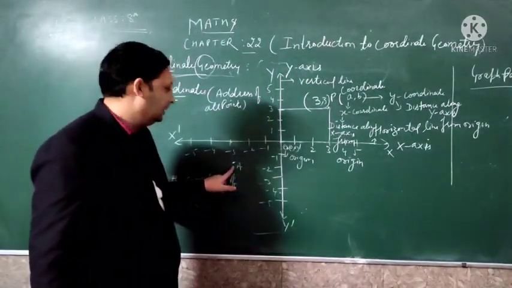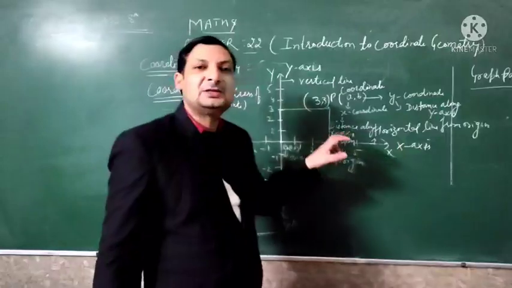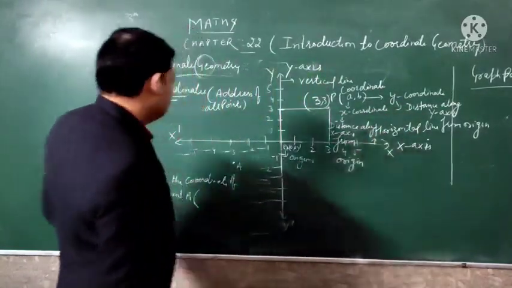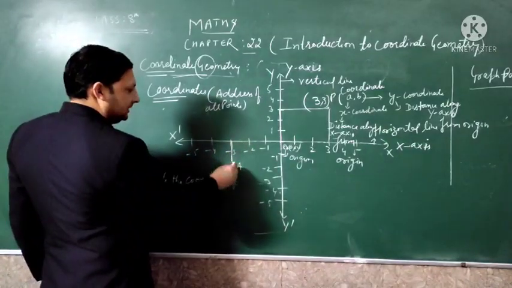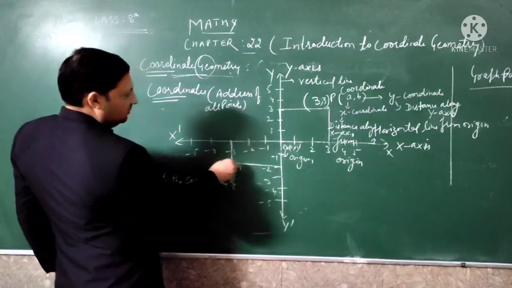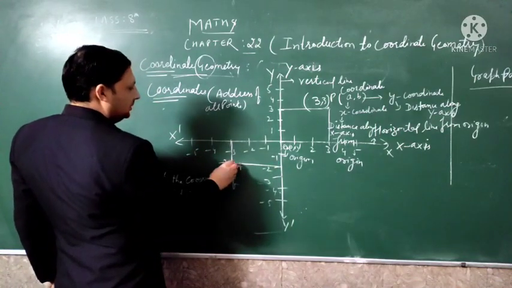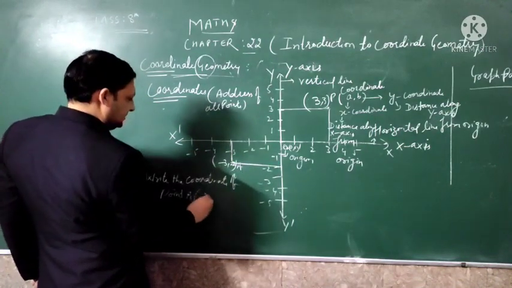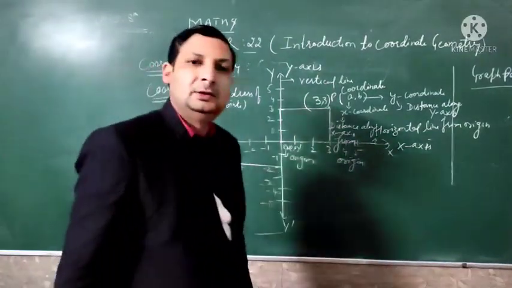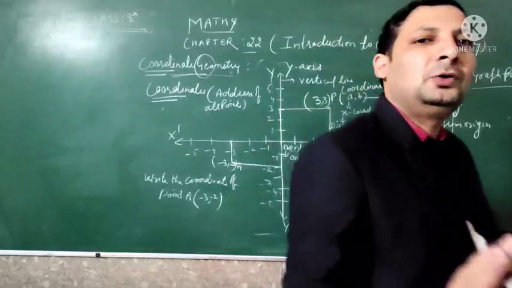I have told you, coordinate consists of x coordinate first and then y coordinate. So see, x-axis coming from -3 and y-axis coming from -2. So -3, -2. That is the coordinate of point A. So like this we can find coordinate of any point.